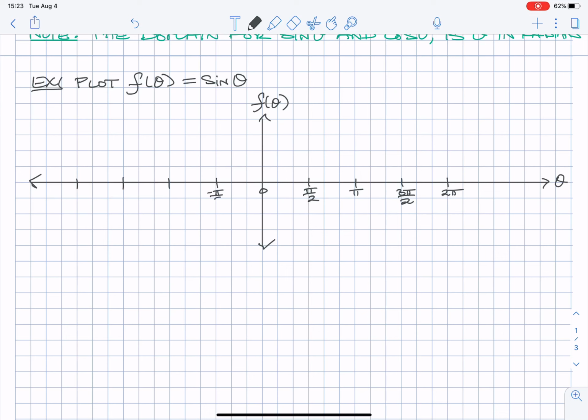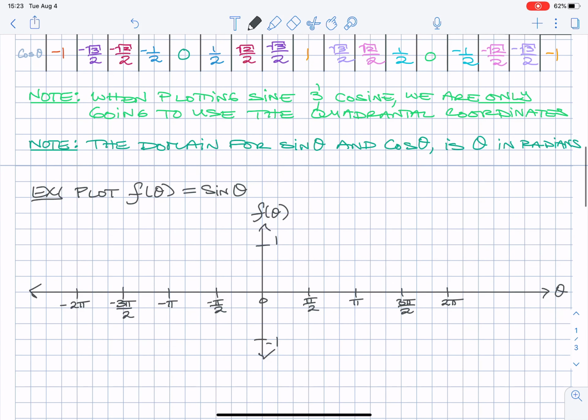Now, negative angles, which we know measure in the clockwise direction, I'm just going to put the same angle measures, but negative going to the left. And since this is a unit circle, I know that my radius is at most 1, right?